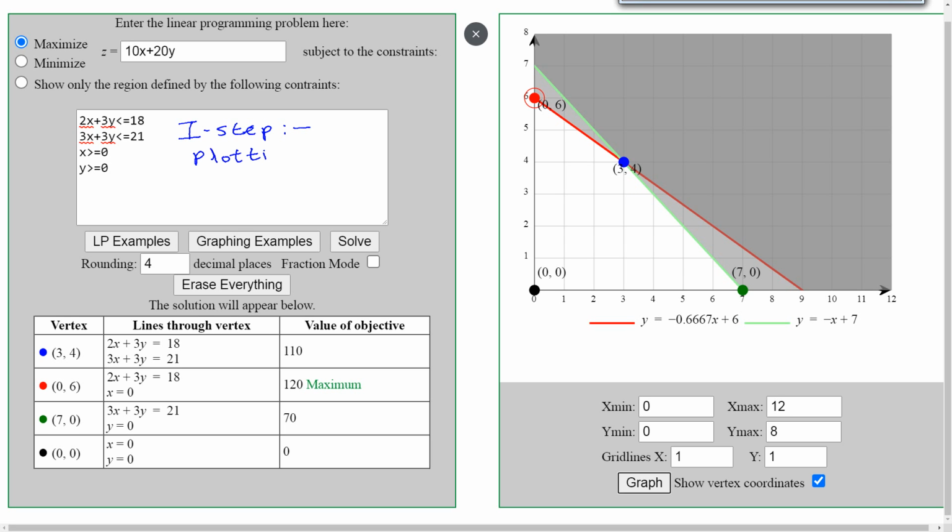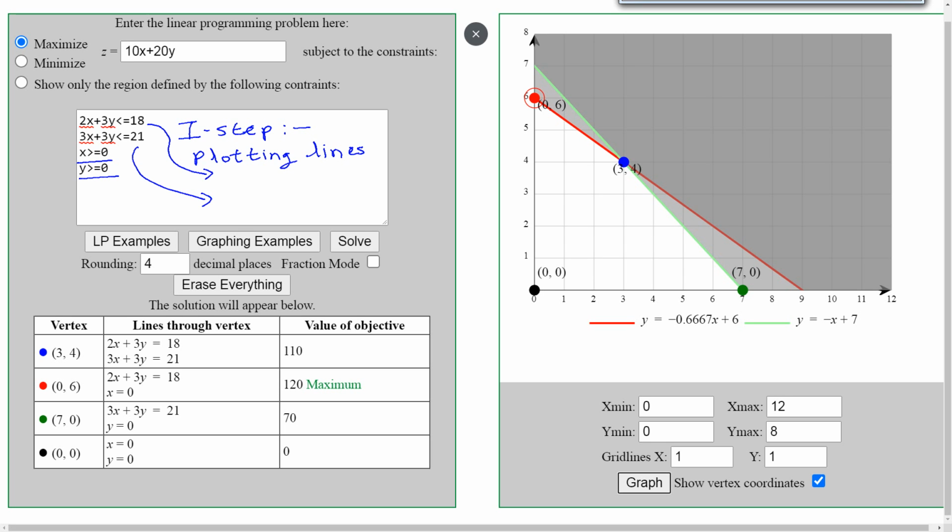So which lines do we have to plot? We have to plot the lines corresponding to linear constraints only. The lines for non-negativity constraints are already plotted as they are axes. x is equal to 0 and y is equal to 0 are nothing but the y and x axis respectively. So we need to plot two lines corresponding to two linear constraints.